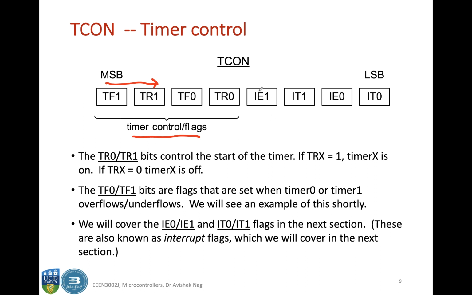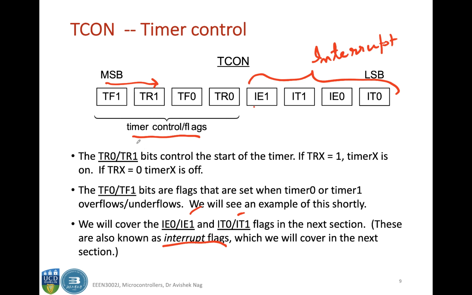So we will not cover this part now. We will cover this part when we study interrupts. These are basically interrupt flags, so we will cover these flags in the next section when we talk about interrupts. These 4 flags are the timer control flags.